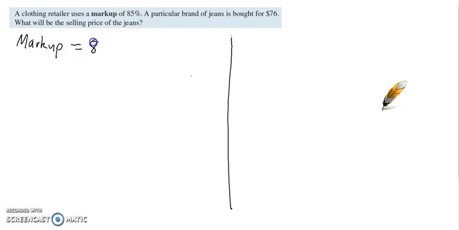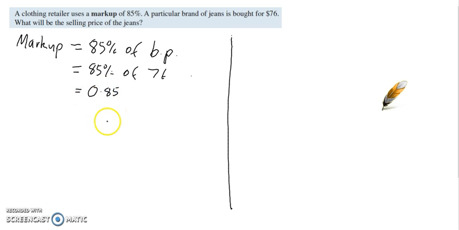It's 85% of, now BP stands for buying price, which is 85% of 76. 85 can be written as 0.85. Of means multiply. We put that in our calculator and we end up with $64.60.